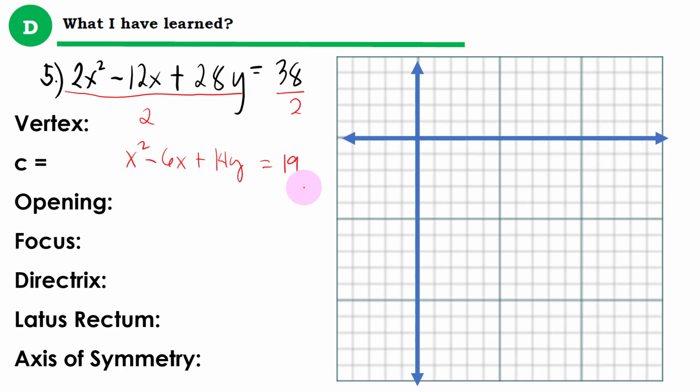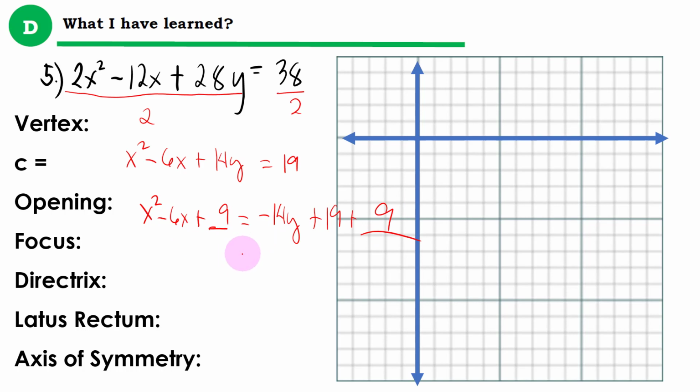And then, i-convert naman natin siya sa standard form. So, this will become x squared minus 6x plus blank equals negative 14y plus 19 plus blank. Kalahati ng 6 ay 3, then square natin, magiging 9. So, magpa-plus 9 tayo dito.